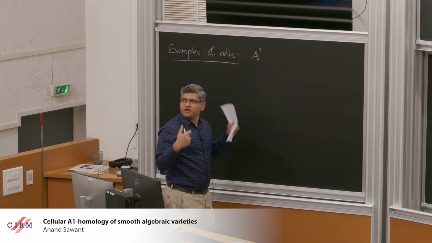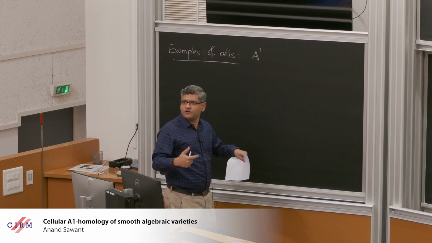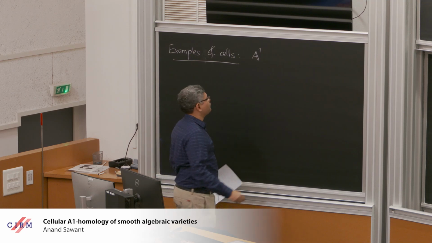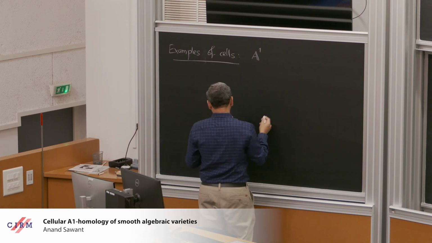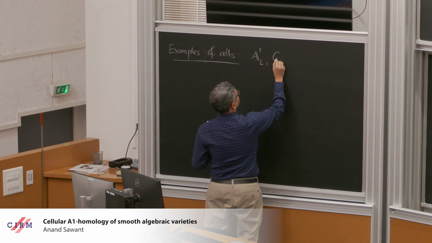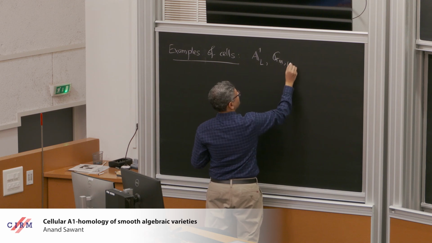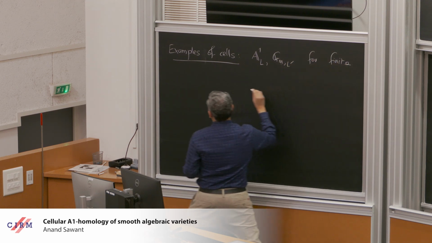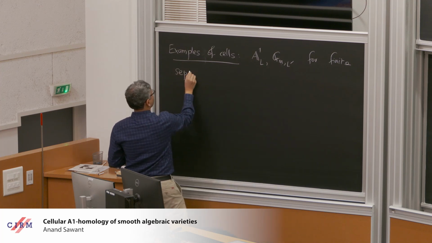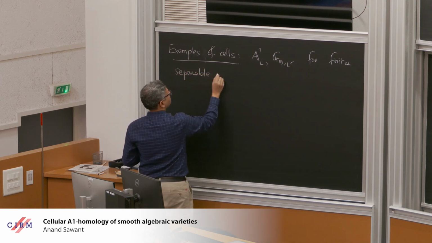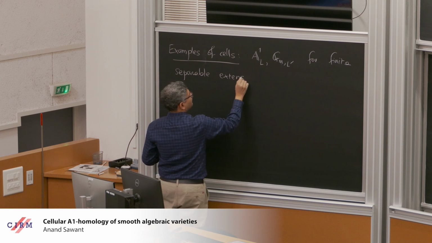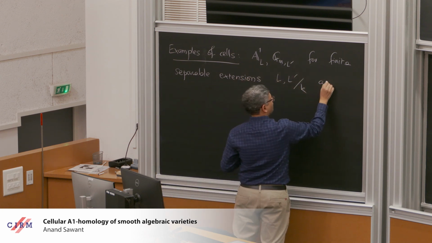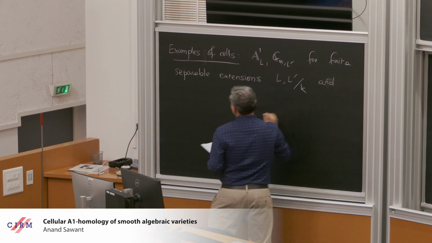But you need not have A1s and G_ms over the base field. You could have them over a finite separable extension as well, and this is key in some of our computations. So A1_L, G_m over L', for L' finite separable extensions of K, and products of these.